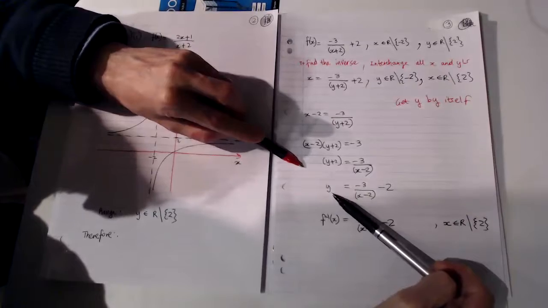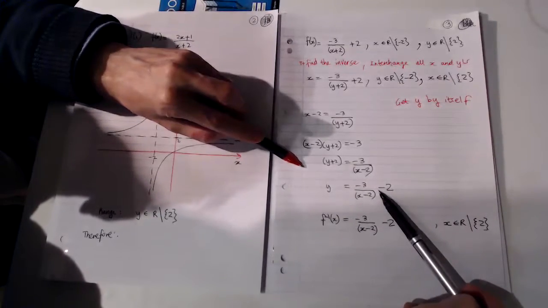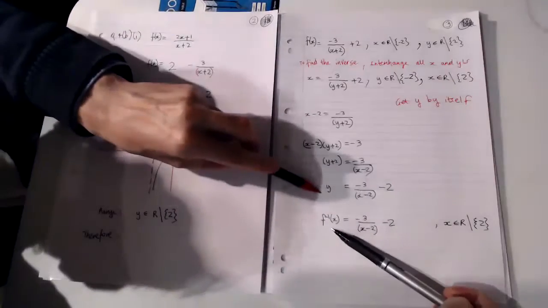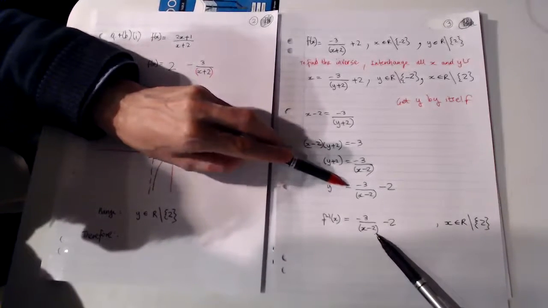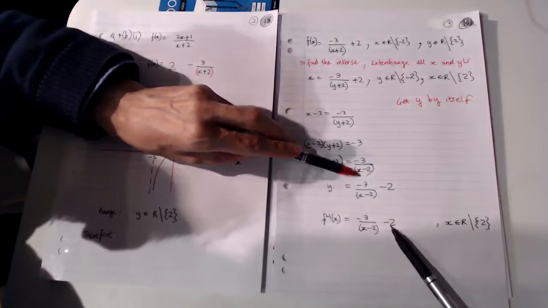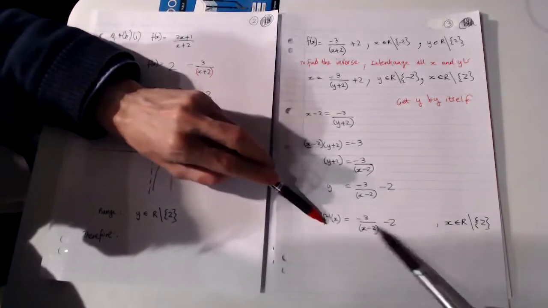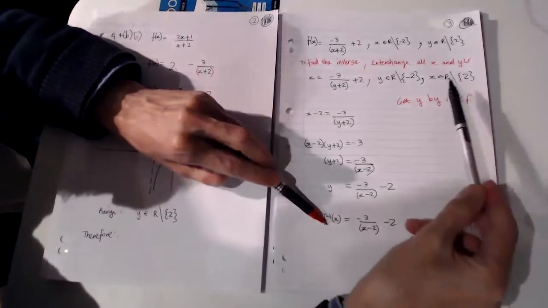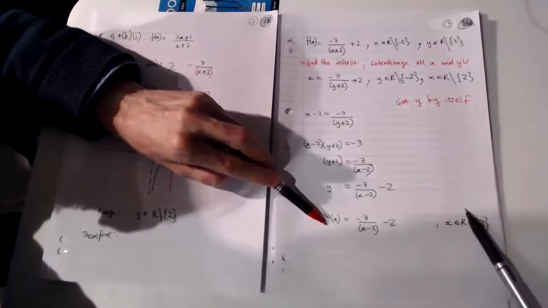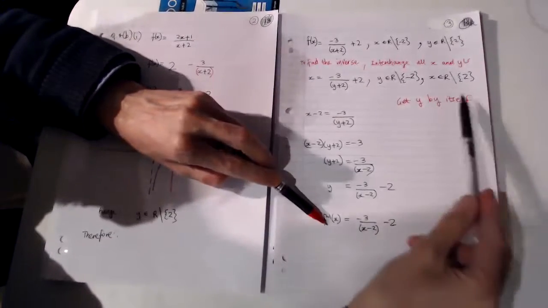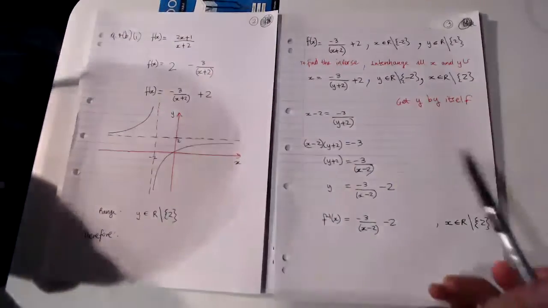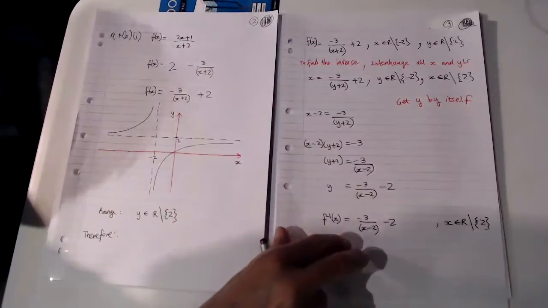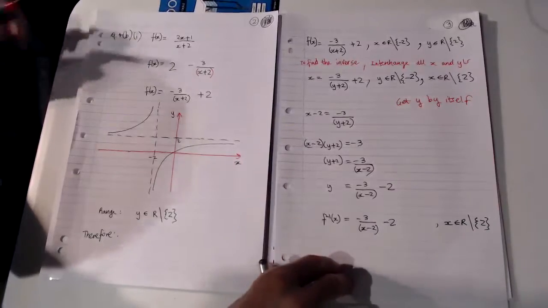And you've got y by itself. Therefore, the inverse function is equal to -3 on x minus 2, minus 2, where the domain of the inverse function is the set of real numbers except 2. So that's part B, part 1, done.